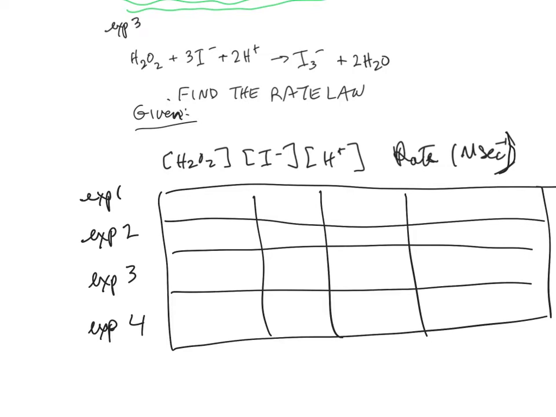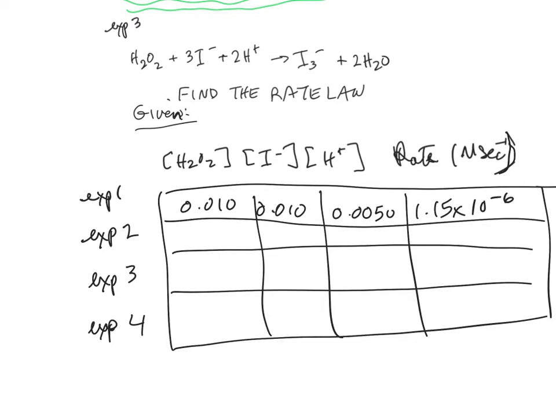Okay, and the data here is 0.010, 0.010, 0.0050, and the rate 1.15 times 10 to the minus 6 molar per second.